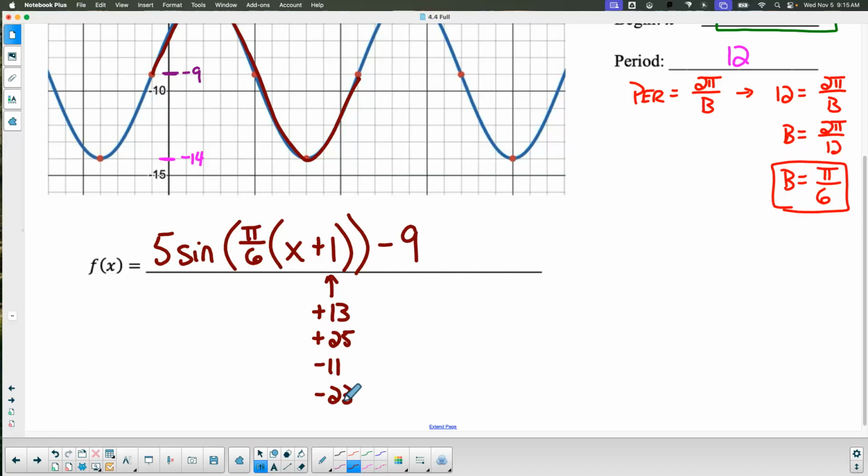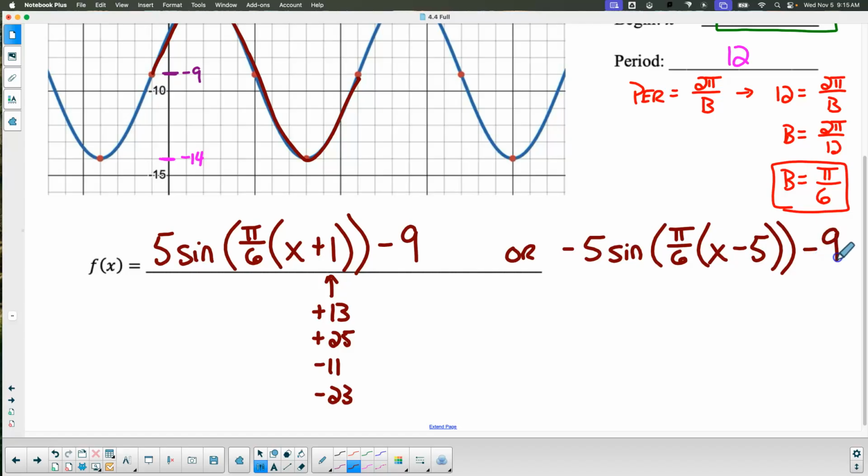Okay? Or we could change to a negative A value. If I change to a negative A value, now instead of plus 1, now I would be starting at x equals 5. And then again, change the color on these.